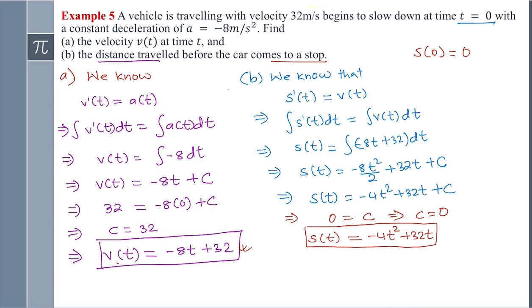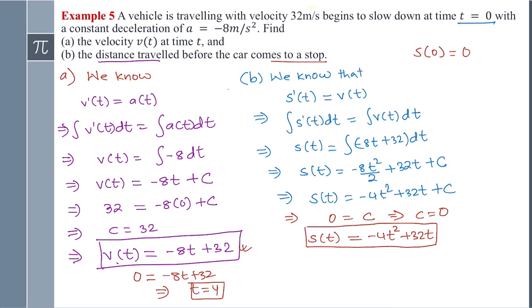So if we take the velocity as zero, 0 equals negative 8t plus 32, and solve for t, we get t equals 4, which means the car is going to come to a stop after 4 seconds.